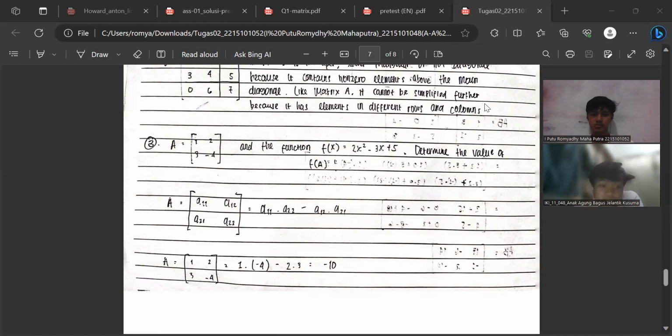It's like a cross multiply, and then after we input the values, the final value is minus 10.